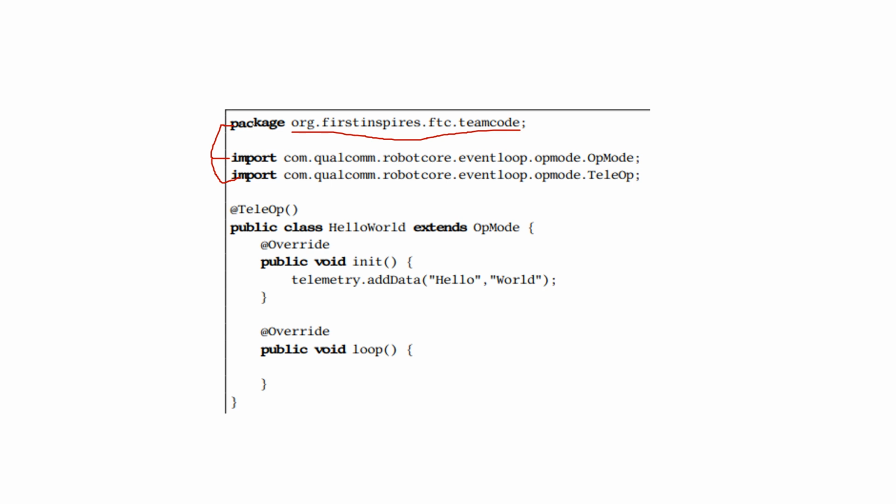The third line, @TeleOp, is a pretty critical part of the code. This line tells the system to add this op mode into the teleop section of your driver station. If you use the @Autonomous annotation, you would see this code in the autonomous dropdown of your driver station.